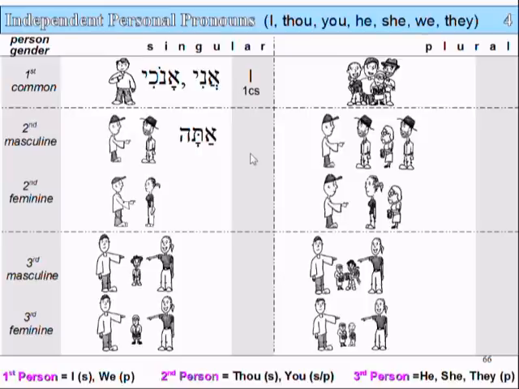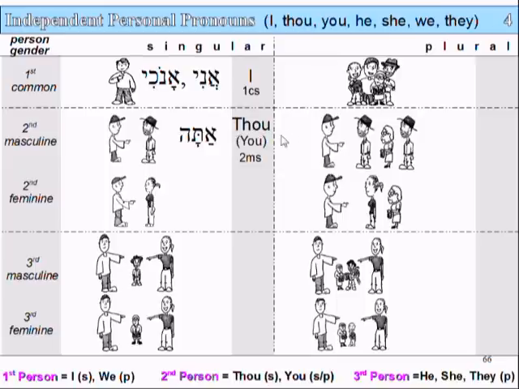Now the second person masculine singular, that is basically when I say you to somebody, so it's you to a man, one man, and in King James English we have the word thou, which, as I've said before, means you just to one person.